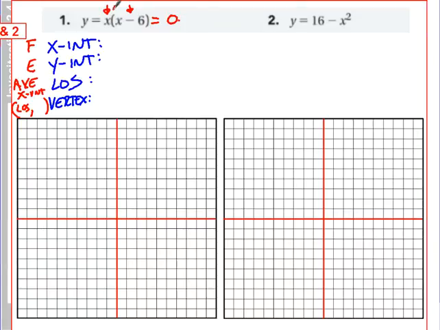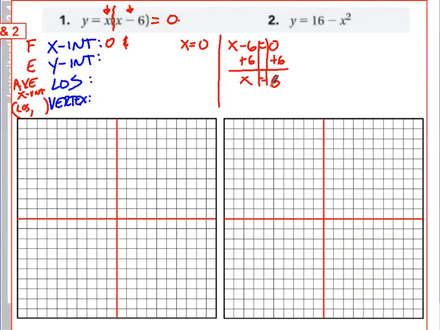So I'm going to break this apart into two different problems: x is equal to 0, and x minus 6 is equal to 0. On the first one, I don't have any work to do. It just says x is equal to 0, so one of my x-intercepts is 0. For my other one, what's the opposite of subtracting 6? Adding 6. So I get x is equal to 6, which means 6 is my other x-intercept.